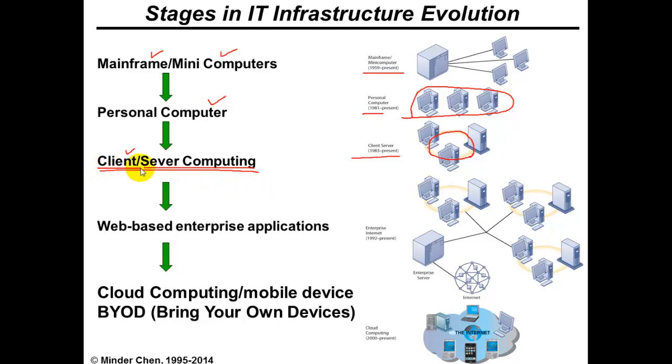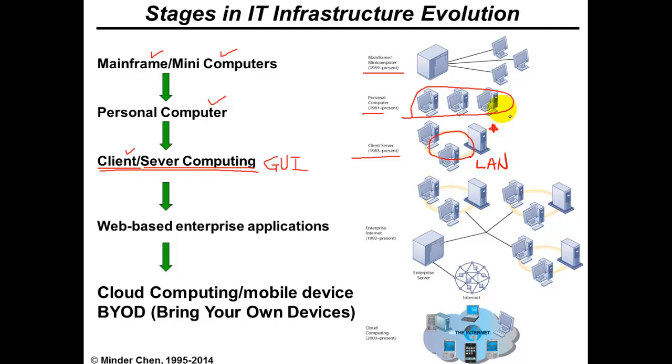A signature product in the client-server era on the client side is the graphical user interface, called GUI, such as Macintosh and Microsoft Windows. The GUI front end runs on a desktop, connecting to a local area network called a LAN, and it's a typical configuration for a client-server computing environment.